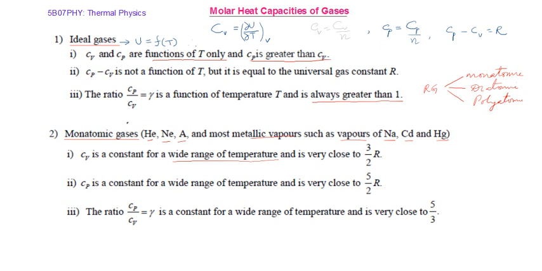I will show you a table at the end which shows the variation of the value of Cv for helium, neon, etc. You can see that the variation is very, very small. So practically we treat Cv to be constant. And remember, the Cv for monatomic gases is very close to 3/2 R. This is an experimental fact.